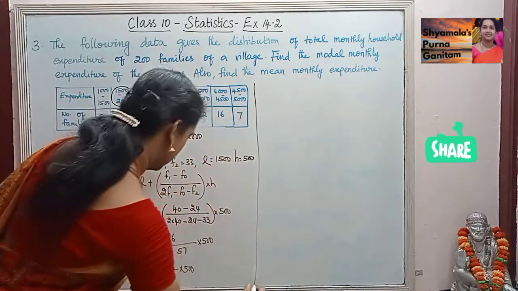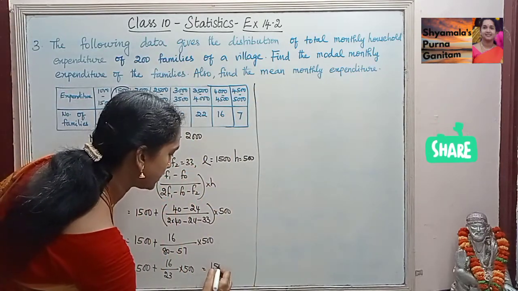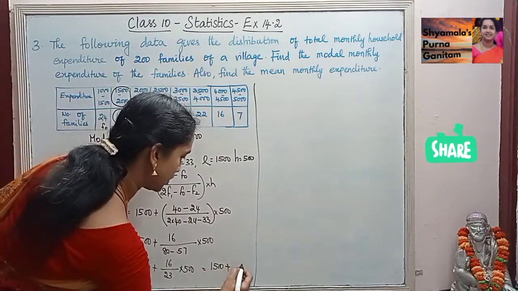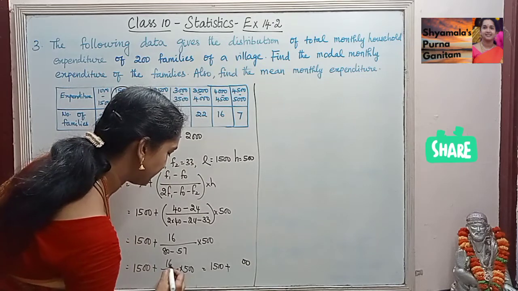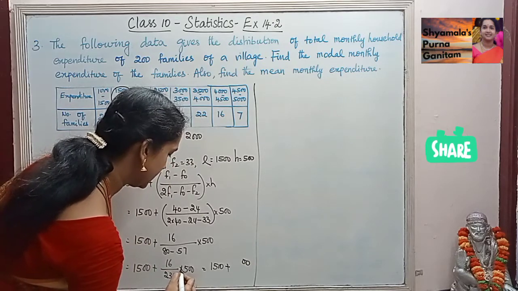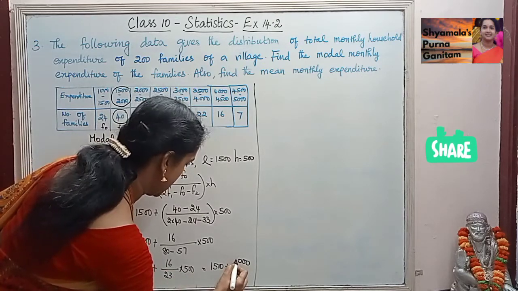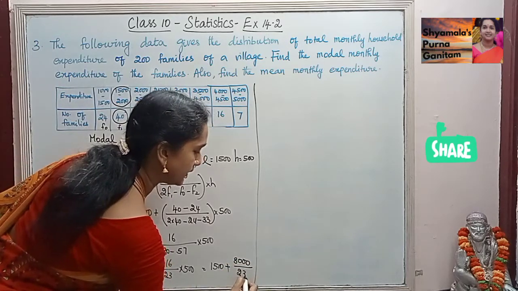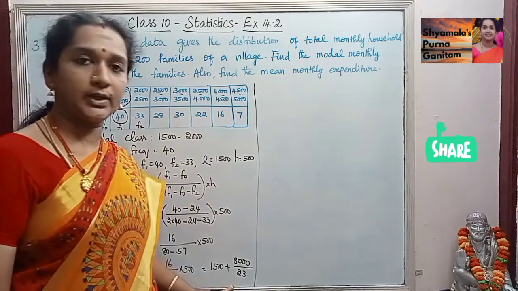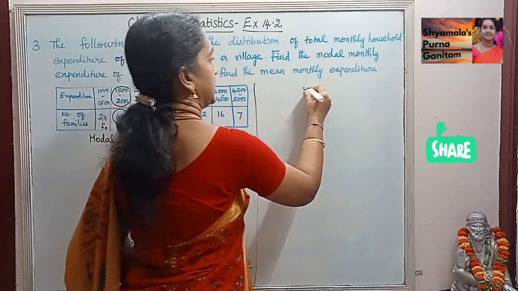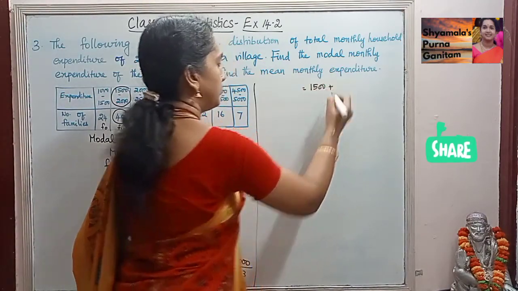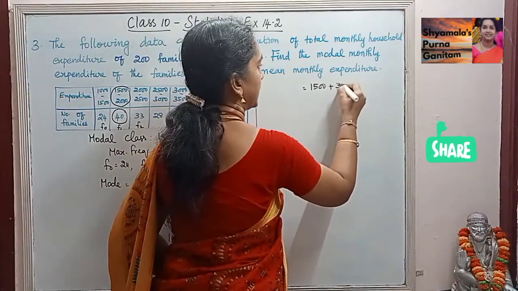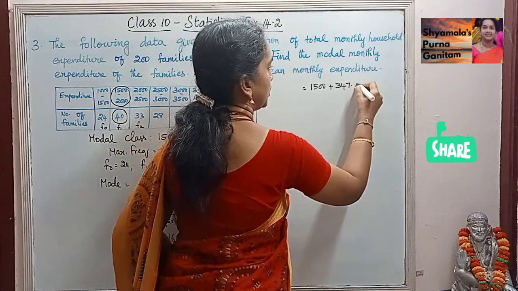So this is equal to 1500 plus, when we simplify, 16 into 500, which is 8000, divided by 23. When we divide 8000 by 23, we get 347.2.